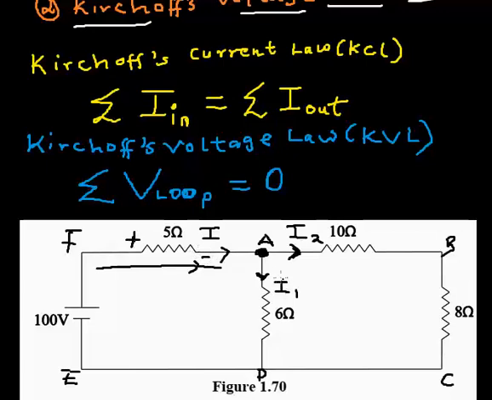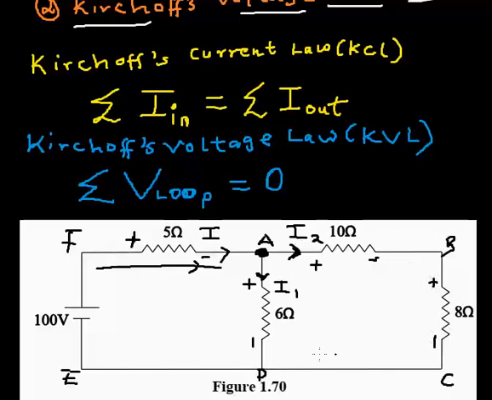The same thing happens with the current entering the 6 ohm: the first terminal is positive and the second is negative. For the 10 ohm, the first terminal is positive, the other is negative. The same happens here.